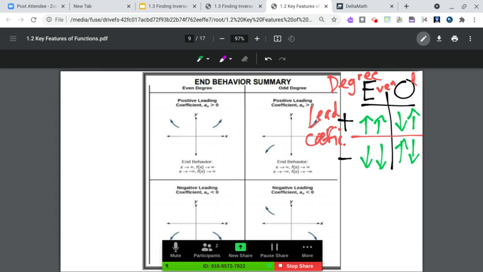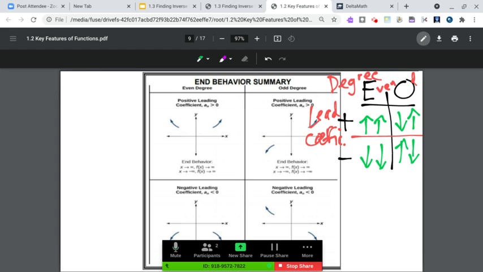So any highest degree that's an even number, if it's positive and even, both ends of the graph will be going up. If it's a negative leading coefficient, but it's an even degree, both ends of the graph will be going down no matter what.